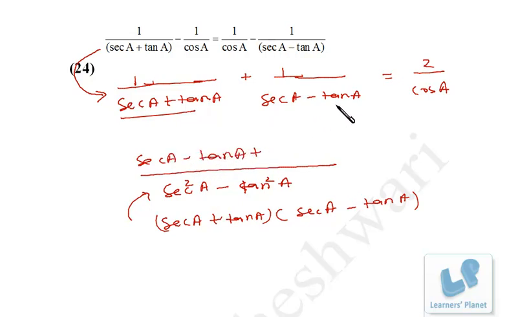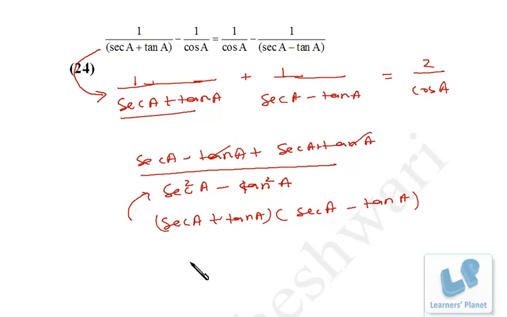Similarly, this is sec a minus tan a, which I just cancelled, so we are left with sec a plus tan a. Now this is minus tan a, this is minus tan a, and sec square a minus tan square a is 1, which we already discussed in our first session when we proved the trigonometric identities.